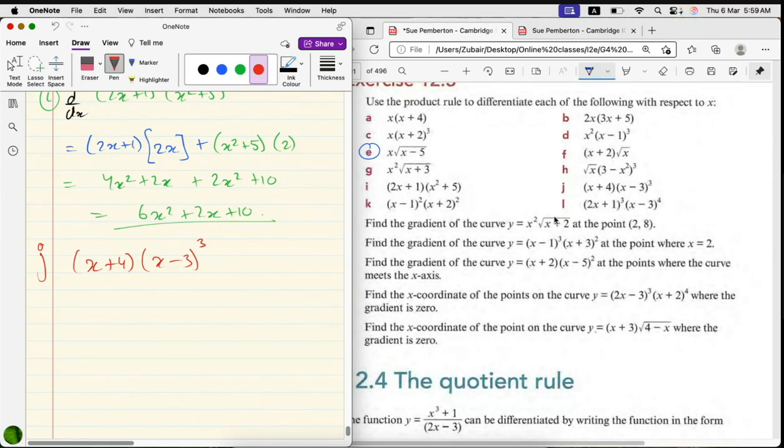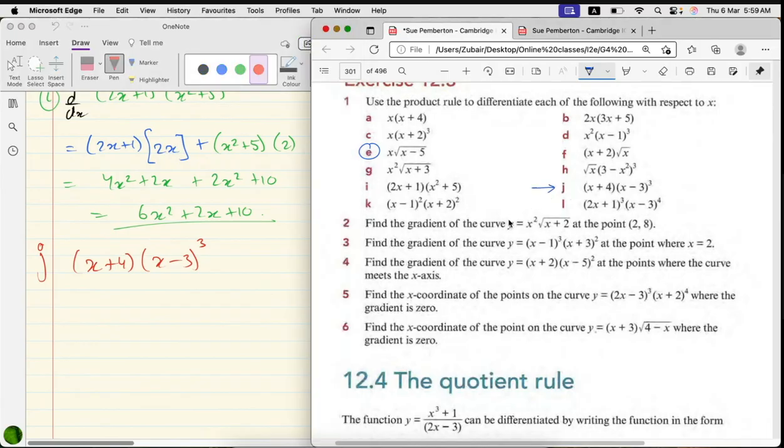Negative 11. Which question are you doing? I'm doing J part.